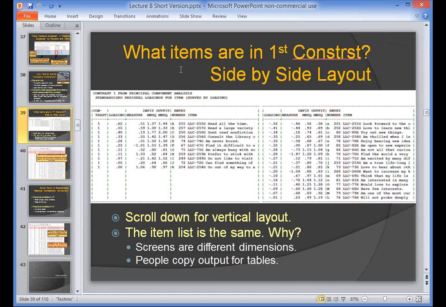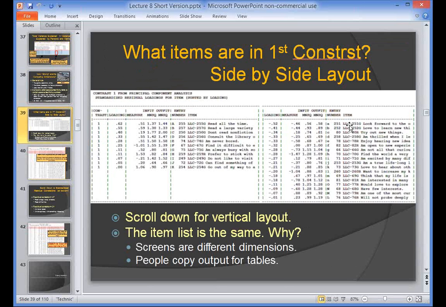Okay. Now go ahead and scroll down the output. You're looking at the residual table. Go ahead and scroll down the output, and you pass a graph. Keep going, and you'll come to this place where you have 2 large columns of items side by side. So you're going to have here, it says contrast 1, and then it's going to have the loadings, and it's going to have another set of items over here on the right.